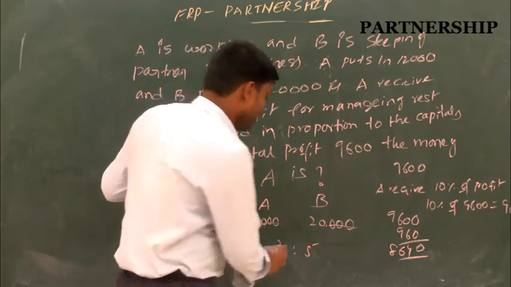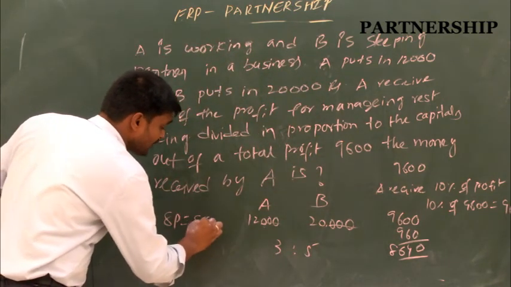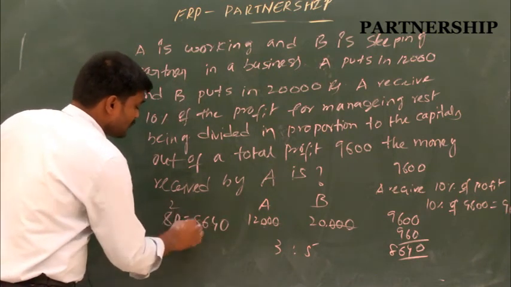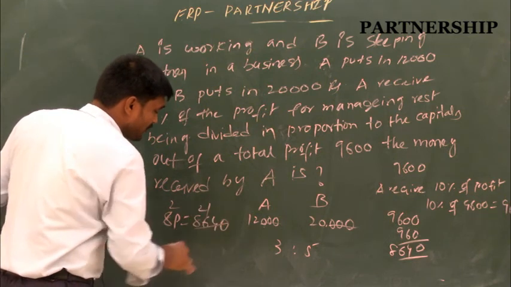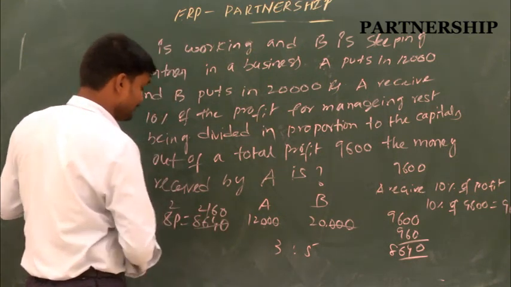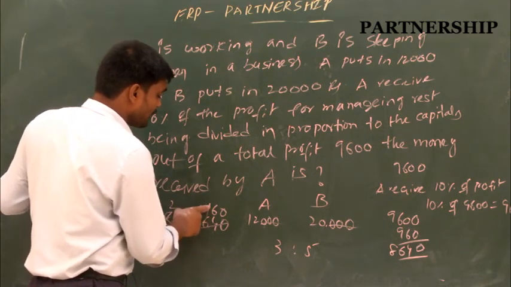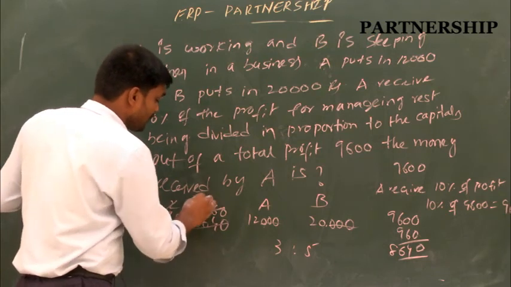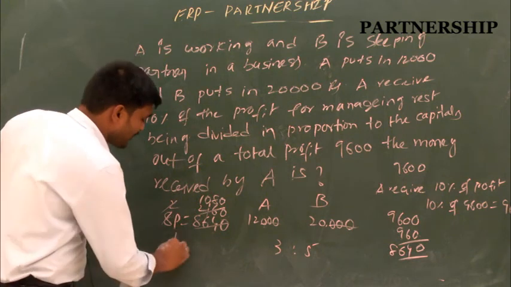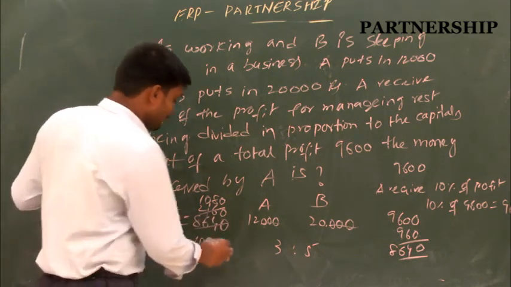So 8 parts equal to 8,640, so 1 part equal to 1,080.